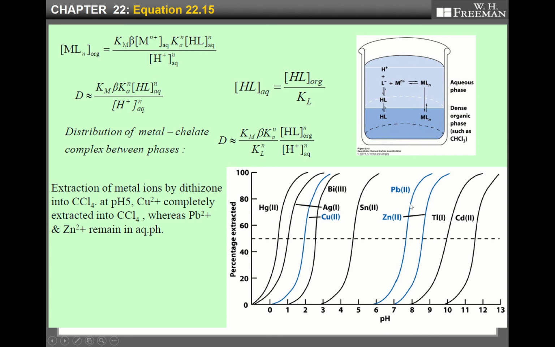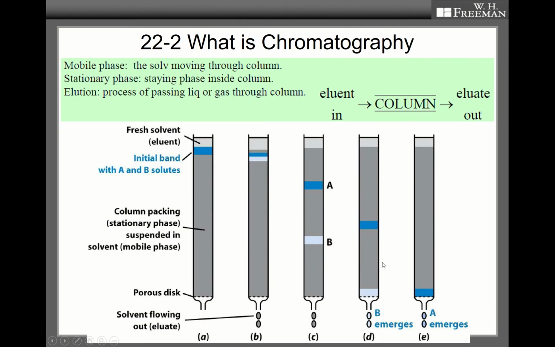But lead and zinc, and also thallium and cadmium ions, were not extracted into the organic solvent like carbon tetrachloride at pH 5. To extract these ions, the pH should be increased. So this figure tells that information.